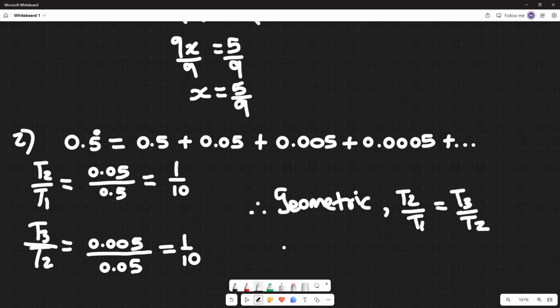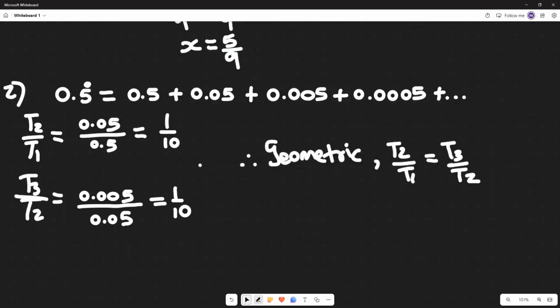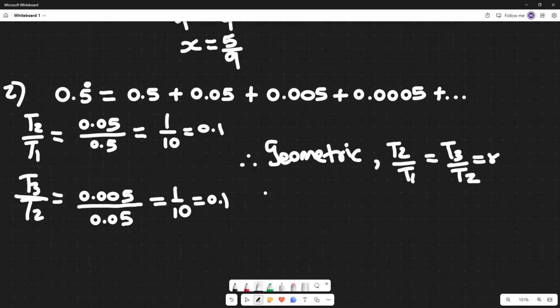And then now we can see that this number here is 0.1, which is our r. Never round off. The reason why I just use decimal is because it's easy and I don't have to round off. You never round off in number patterns. Never ever round off. If you have to use a decimal that is rounded off, rather use the fraction as your r. Remember, this is our constant ratio.